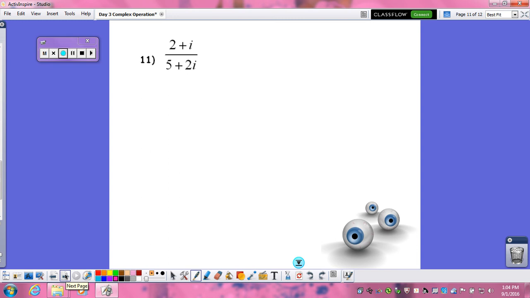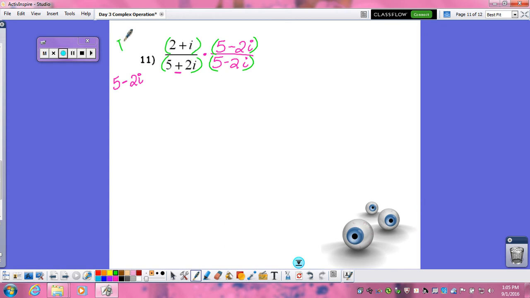For number 11, again, figure out the complex conjugate. You have a plus here, so it'll be a 5 minus 2i. So we're going to multiply numerator and denominator by 5 minus 2i over 5 minus 2i. Put parentheses.